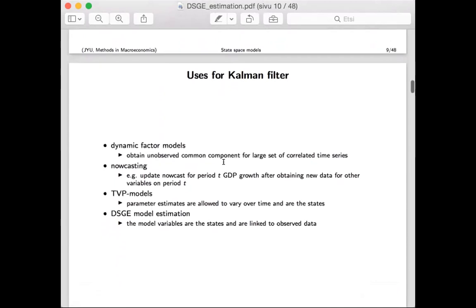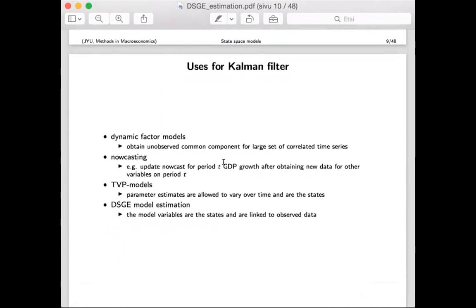There are many uses for Kalman filter in macroeconomics. One is in the estimation of dynamic factor models, where there are one or a few unobserved components that explain much of the variance of a large set of correlated macro time series, typically 50 or even 100 time series.